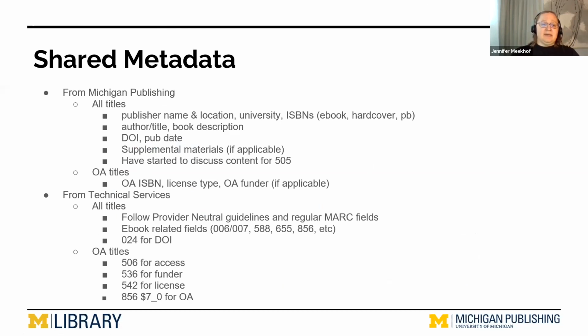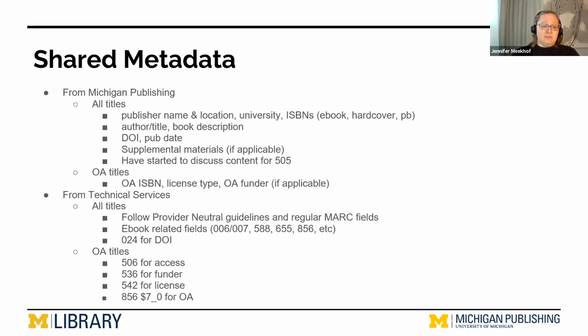Some of the resources have supplemental materials, so we do create 7xx fields for additional audio files, images, or more words. And then the open access information we only get from Michigan Publishing.